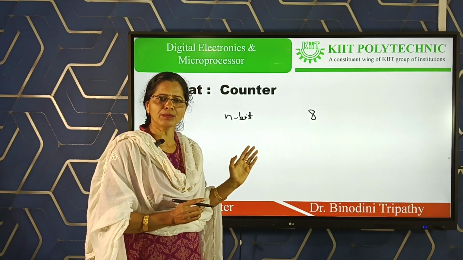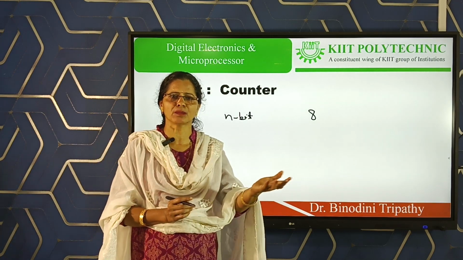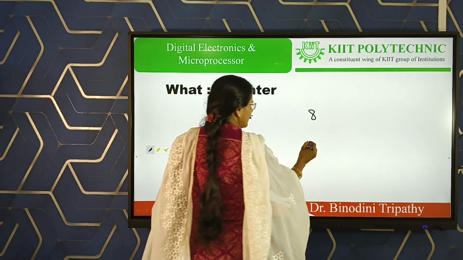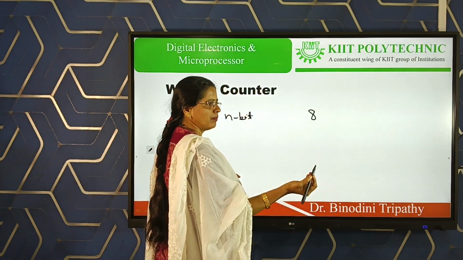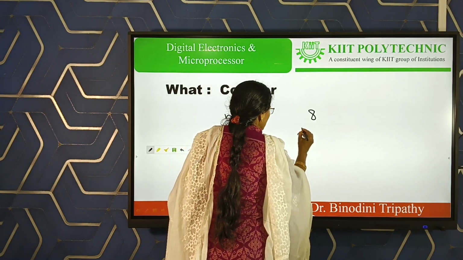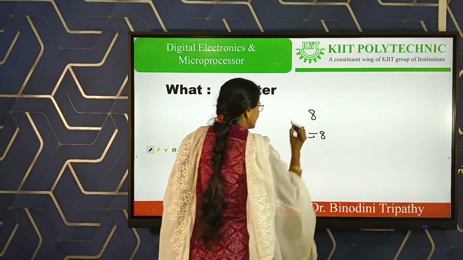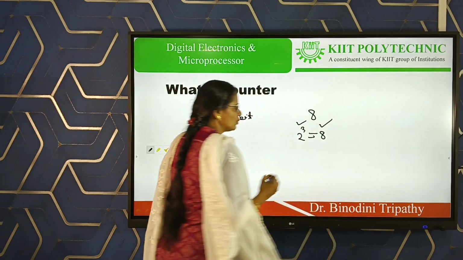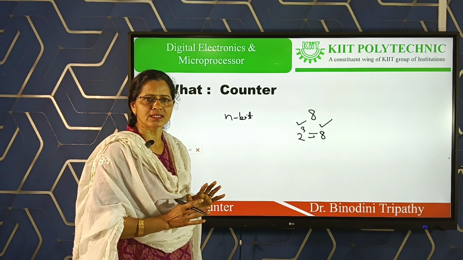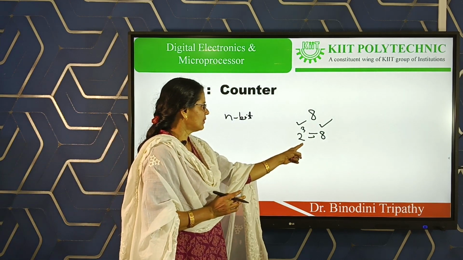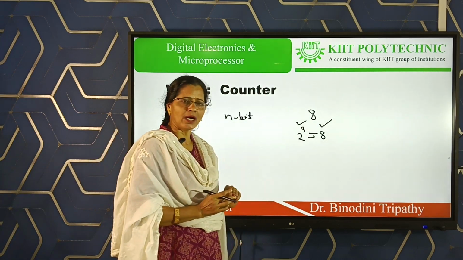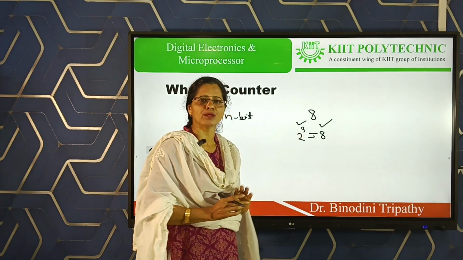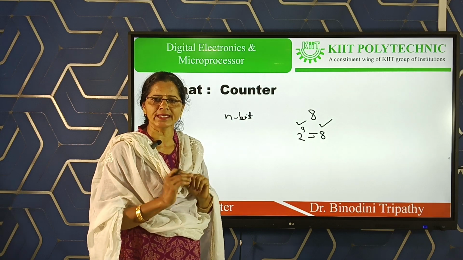For a total count of 8, what should be the number of bits in each count? 3, because there is a relation between the number of bits and the total number of counts: 2 to the power 3 equals 8. 3 indicates the bit value, 8 indicates the total number of counting sequence. This is one example. Now you can designate the counter either as a 3-bit counter or a mod 8 counter.